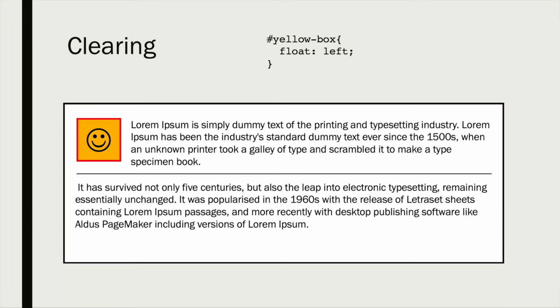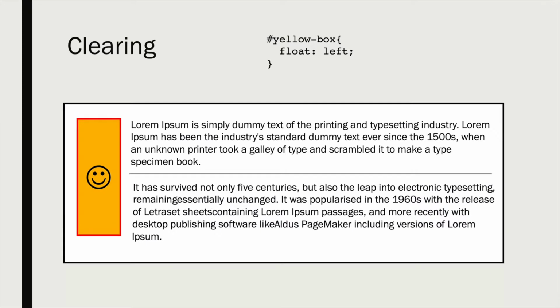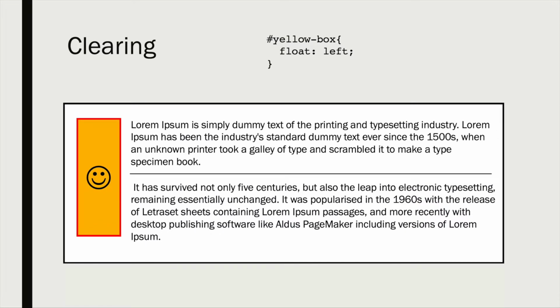Let's talk about clearing. So using our previous example, we have the yellow box, we have some text, the yellow box is floated left, then we have an HR or horizontal rule and some more text below it. Well, if we increase the size of the yellow box for any reason, such as a div tag or image or anything else, if we increase it and make it float left, then the horizontal rule and the text will move over, making room for the yellow box.